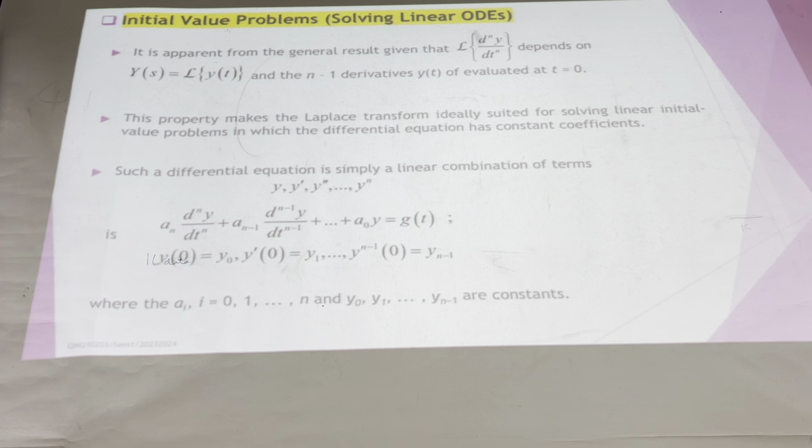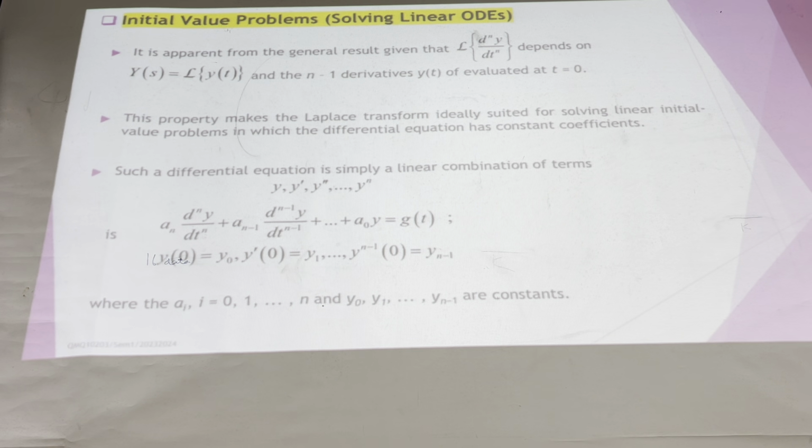Such a differential equation is simply a linear combination of the terms y, y prime, y double prime, and so on. Normally when you write the differential equation, it is a combination of function y and their respective derivatives. You have a combination of y plus y prime equal to 0, for example.